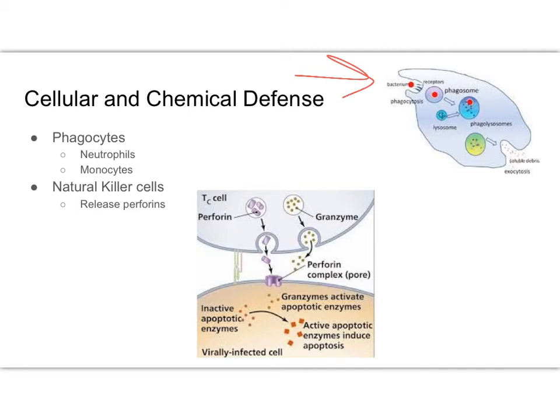Remember, phagocytosis is our cell eating. These cells are usually larger, and they engulf, you can see it taking in the bacterium there. They engulf the foreign particle, and then they'll break it down. So they'll basically digest it. They'll take it in, their lysosomes will help break it down, and so then it can no longer harm you.